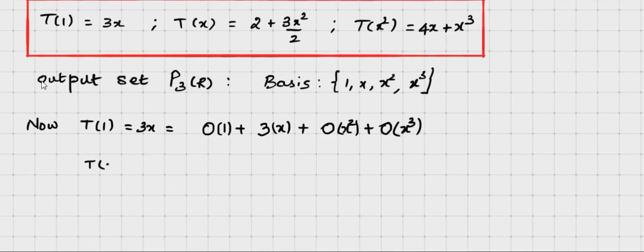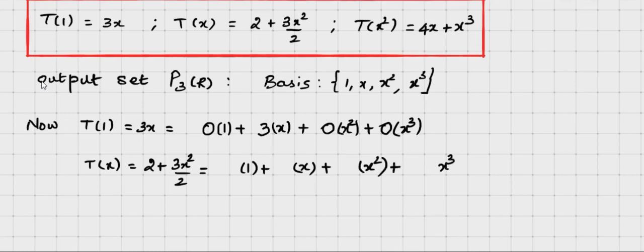T of x equals 2 plus 3x square by 2. Again I am going to write this as a linear combination of 1, x, x square and x cube. So I should write 1, x, x square and x cube.